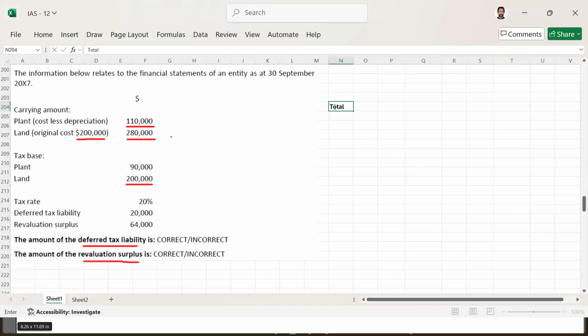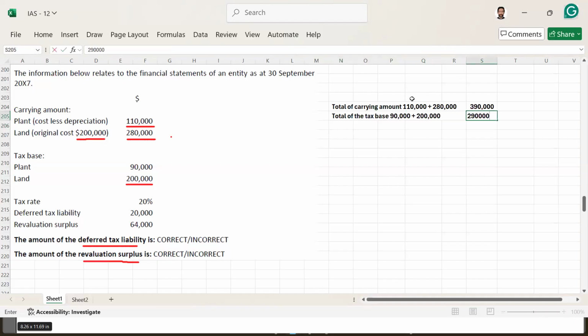The total carrying amount is 110,000 plus 280,000, which is 390,000. The total of the tax base is 90,000 plus 200,000, which gives us 290,000.